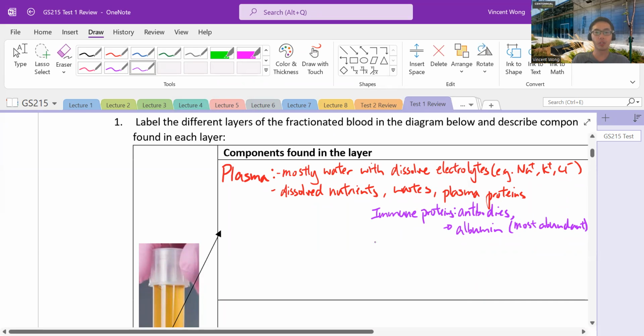Adrian said fibrinogen. Those would be clotting proteins, I would say. Clotting proteins, let's put them down. We have fibrinogen. Okay. Any other examples of immune proteins or another clotting protein?